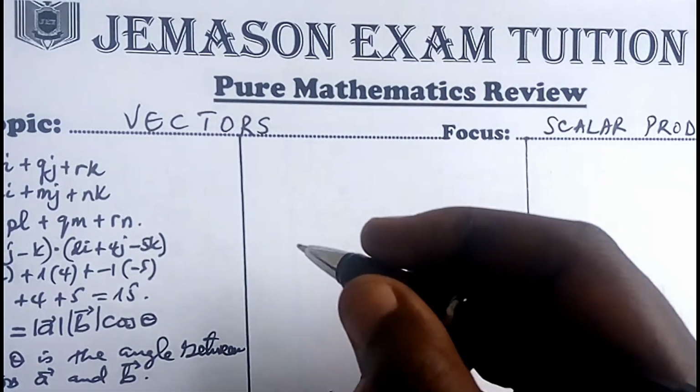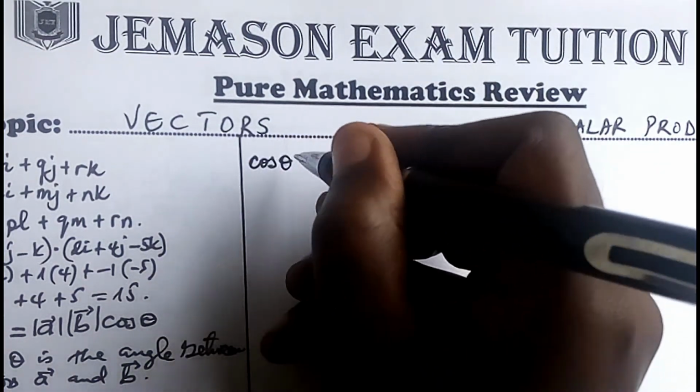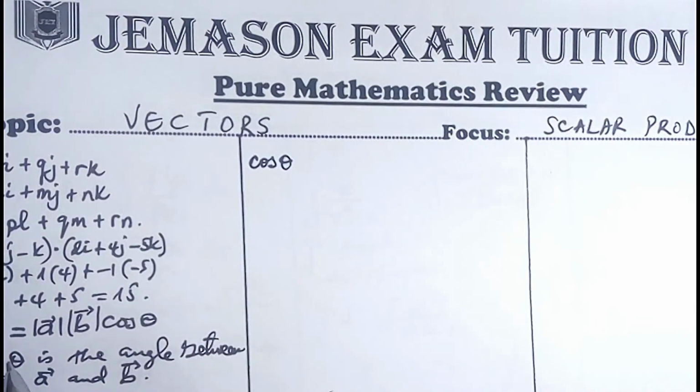So in order to get that angle, I start with the cosine of the angle. I use the relationship we had up here. I make cos theta the subject, so I have a dot b over magnitude of a times magnitude of b.